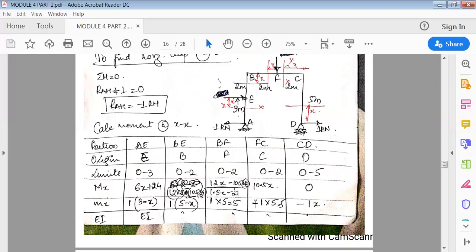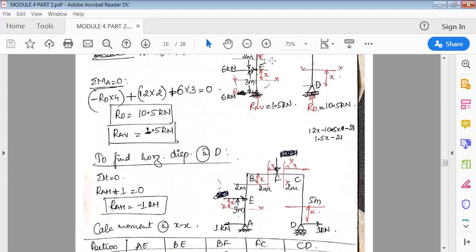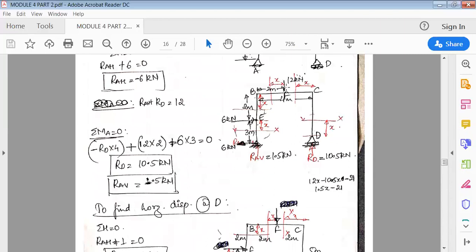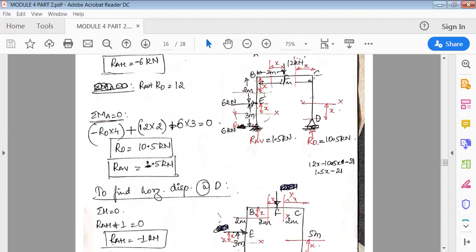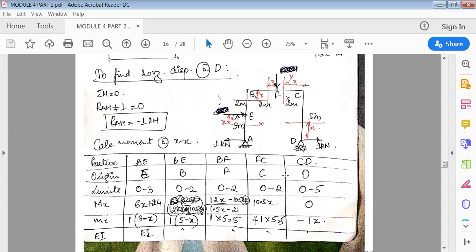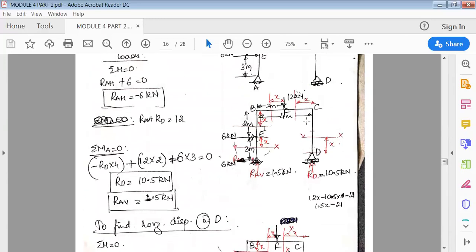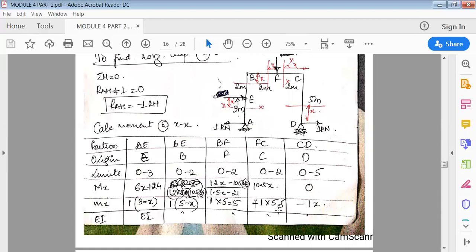Next, BF portion: it is 12 into x plus 10.5 into 2.